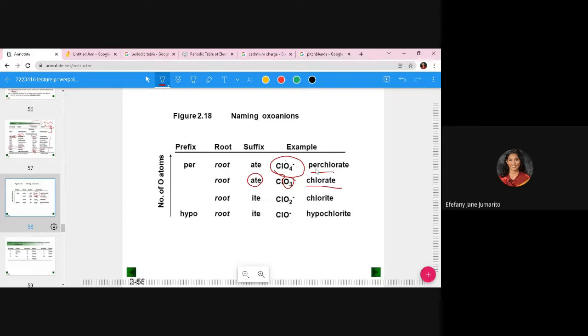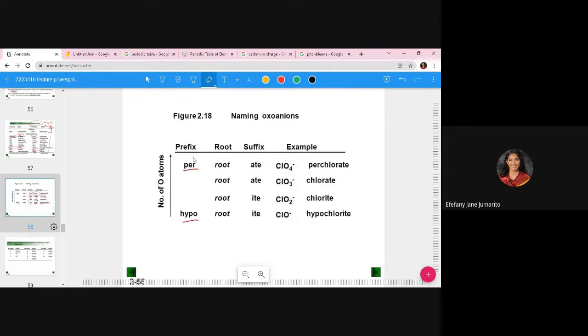For ClO2, chlorite, it means it is oxygen deficient. If there is even less oxygen, we call it hypochlorite. For 1 and 2 oxygens, the ending is ite. For 3 to 4, the suffix is ate. Just take note of the prefixes: for 1, hypo, and for 4, per. Be familiar with this.